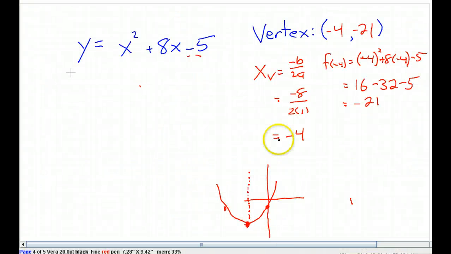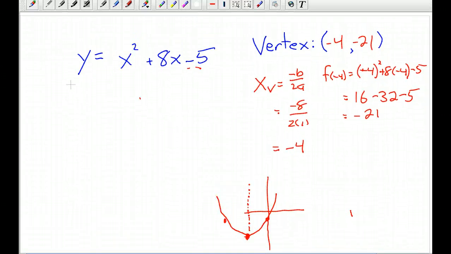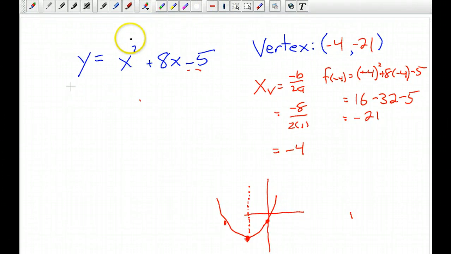So, next, let's actually go ahead and complete the square on this. So, first thing we do would be to move the 5 to the other side.